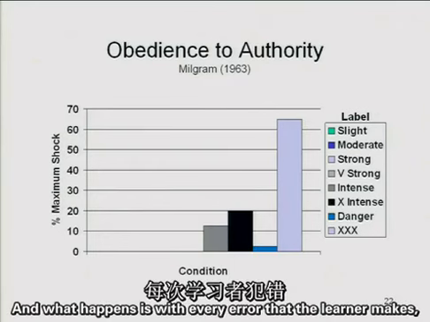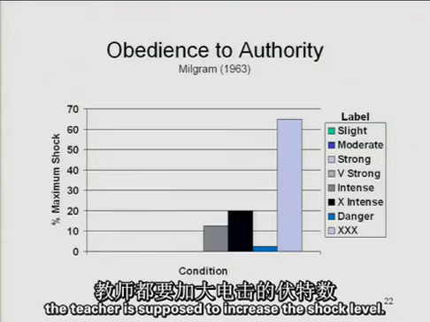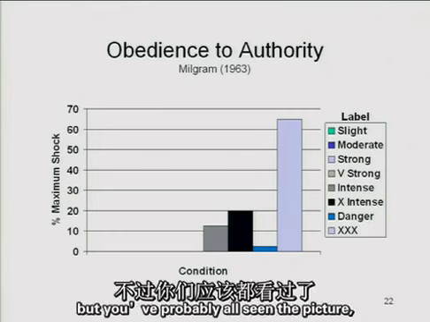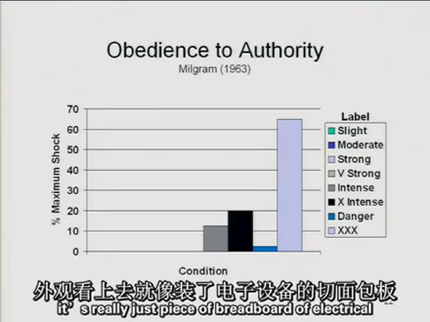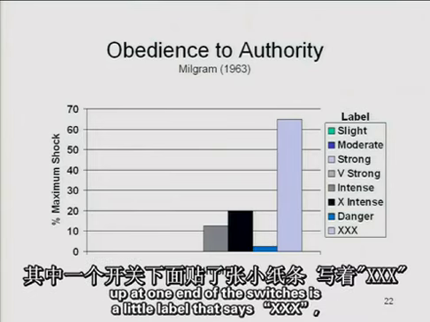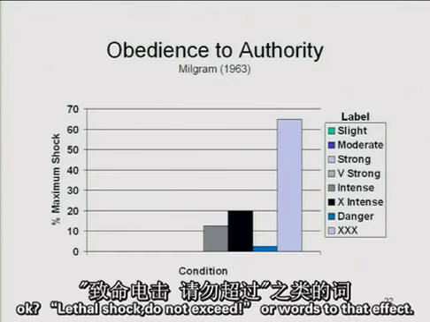And what happens is, with every error that the learner makes, the teacher is supposed to increase the shock level. The shock device, I don't have a picture of it here, but you've probably all seen the picture. It's just a piece of breadboarded electrical equipment with these switches, and up at one end of the switches is a little label that says XXX, lethal shock, do not exceed, or words to that effect.